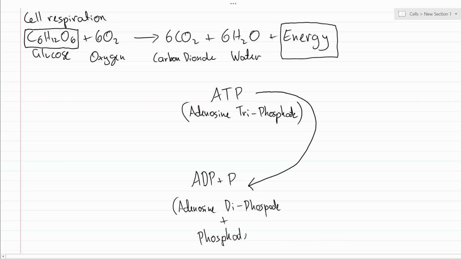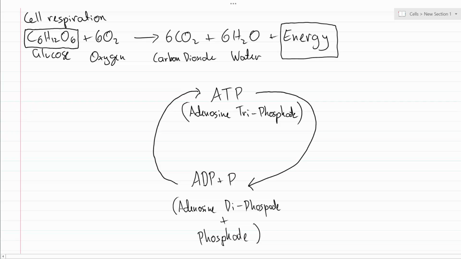So if you've seen written anywhere ATP becoming ADP plus P, it's when adenosine triphosphate is broken down into ADP plus P, adenosine diphosphate, plus an extra phosphate group. Now this ADP plus P can be rebonded together to reform ATP.